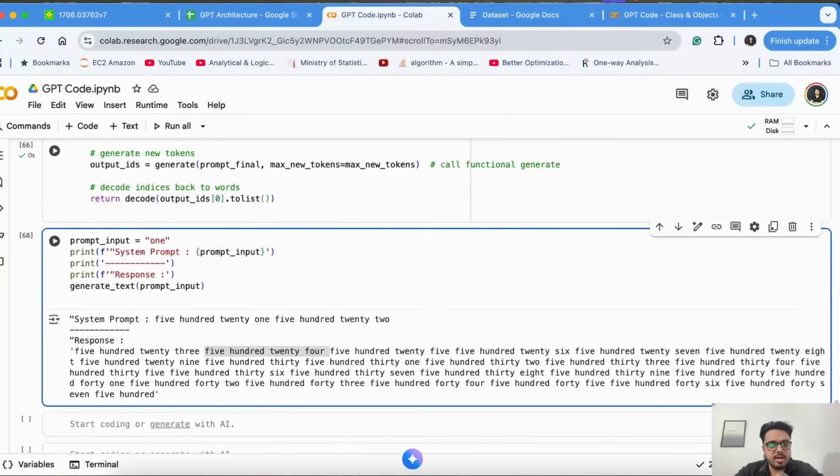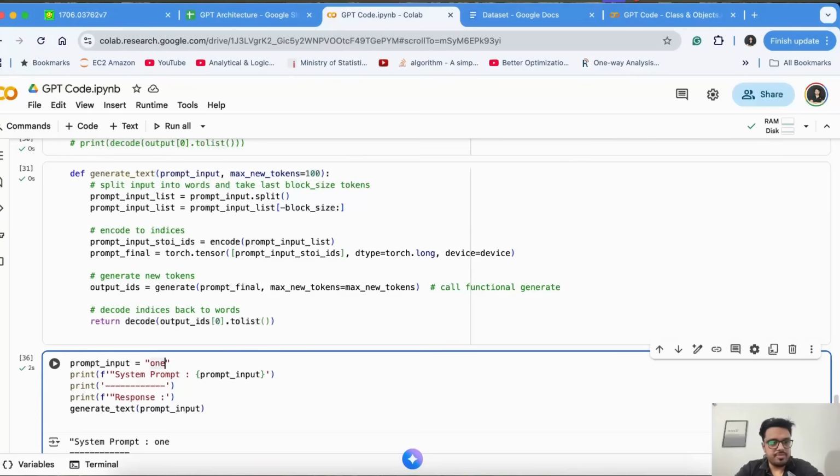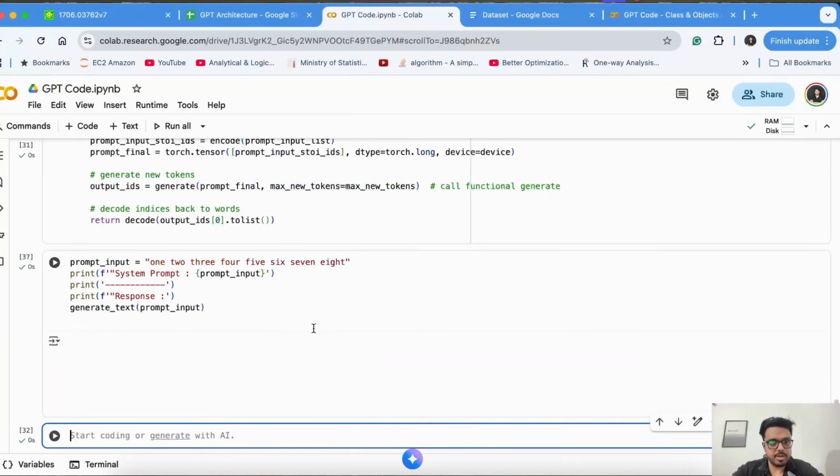Let's see if we reduce the context length. This is where it struggles a little bit. After 1, it predicts 392, 393. So it goes into the 300 series instead of directly predicting 2, 3. But maybe if we increase the context window and give it a longer context up till 8, let's see how the prediction works.